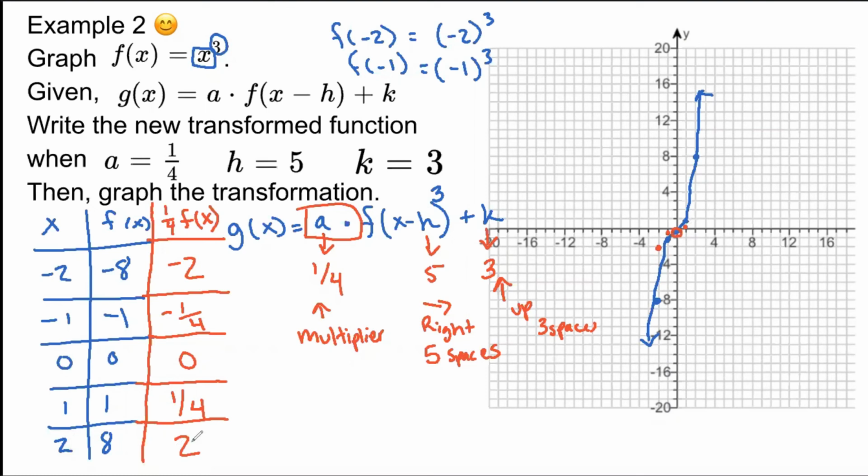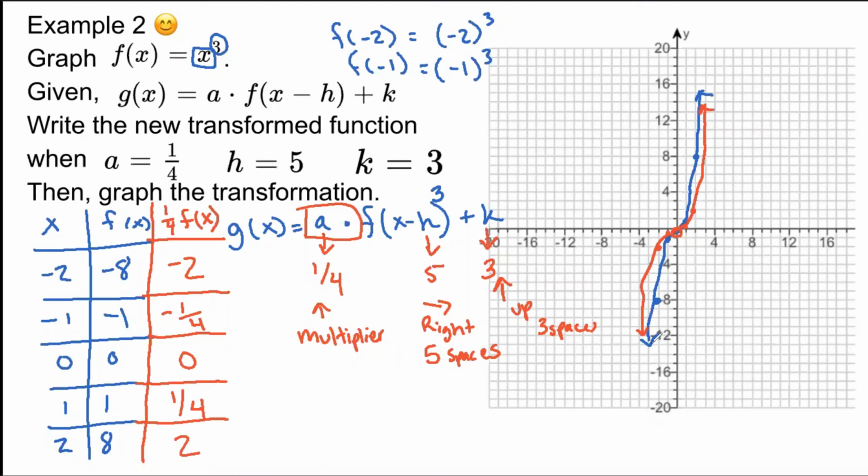Let's see, 2 and 2. So notice that because it was between 0 and 1, that was our second case, it compressed our graph here. It compressed it vertically. There you go.